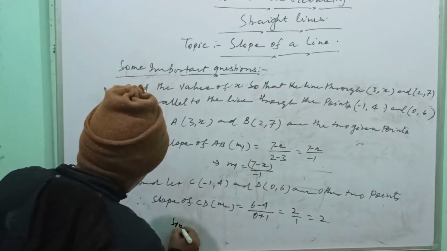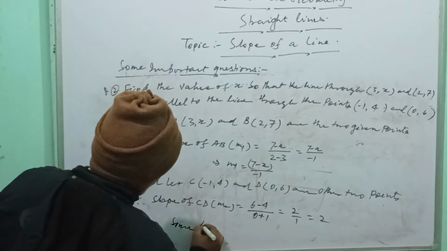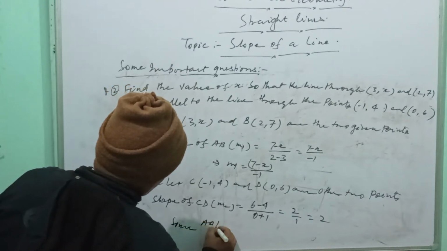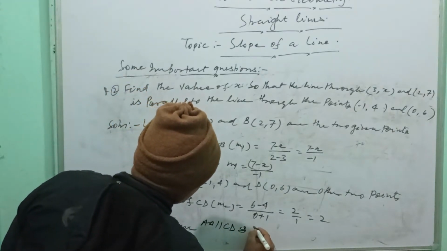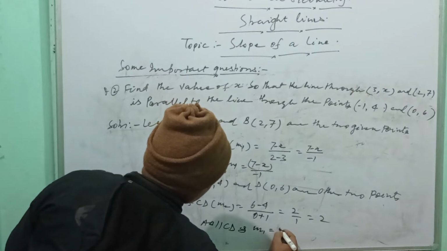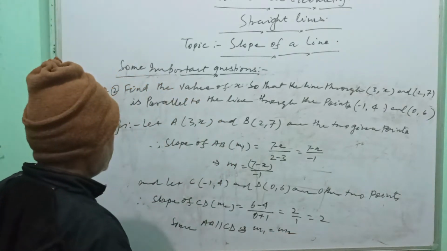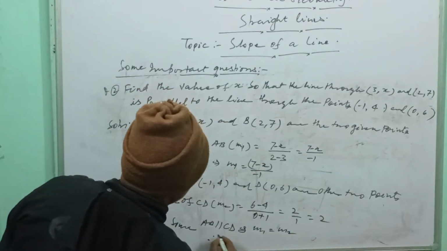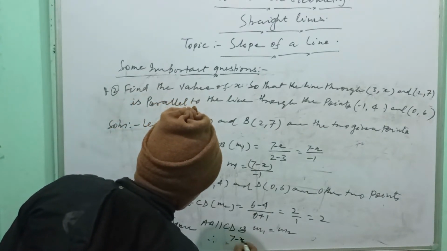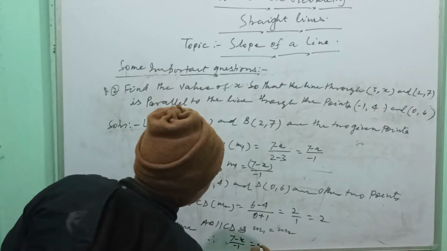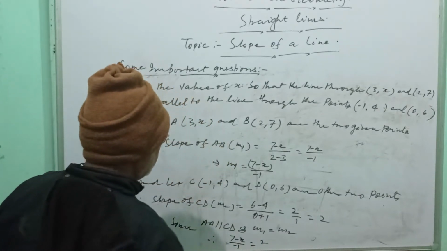Since AB is parallel to CD, this implies M1 is equal to M2. Therefore, 7 minus x by minus 1 is equal to 2.